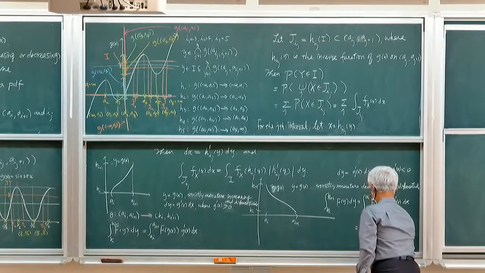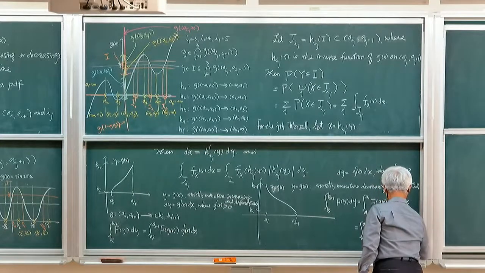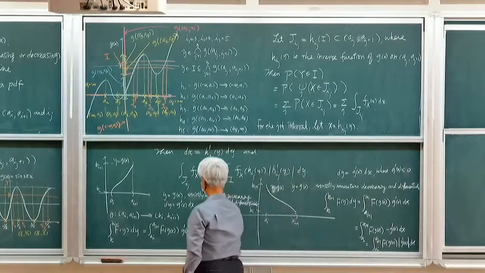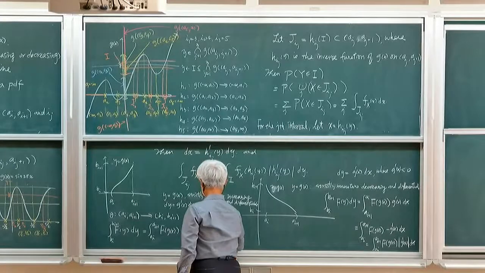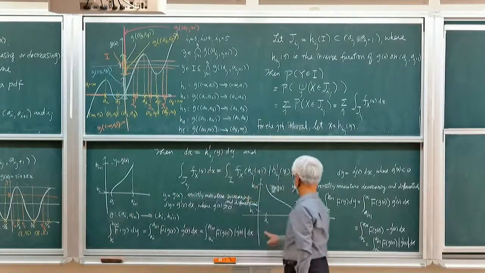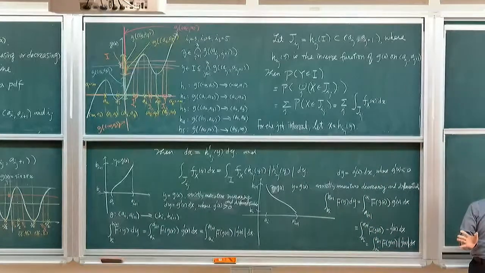So this is a_i, and the absolute value of g prime, dx. So that's why we put absolute value.